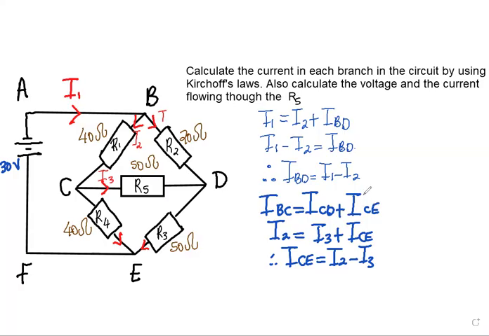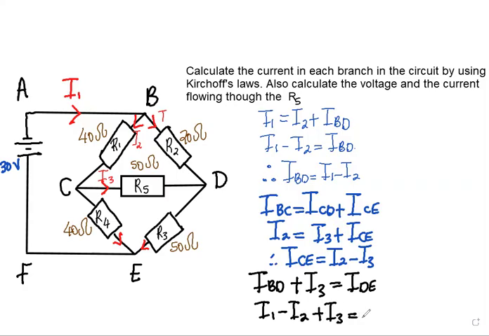We can say the current through BD plus I3 is equal to the current at DE. And do we have the current through BD? Yes, we have it. It's I1 minus I2, the one that we got above, plus I3. That will give us the current through DE.